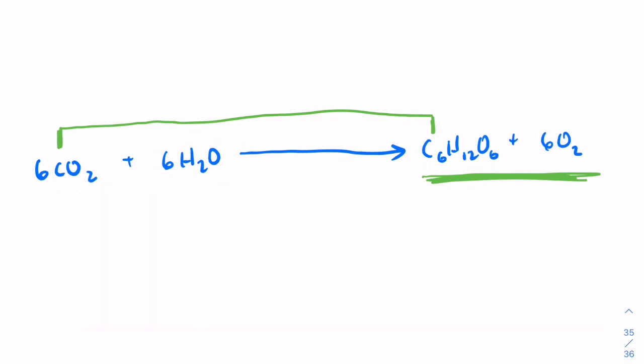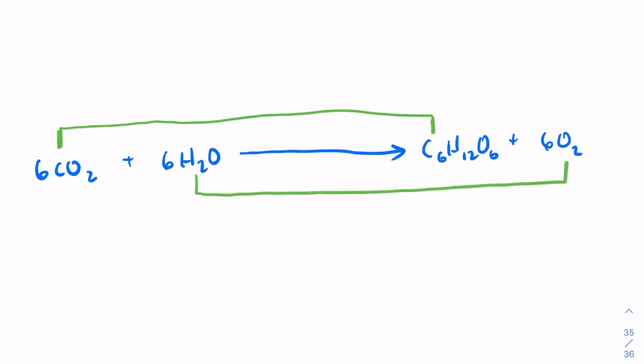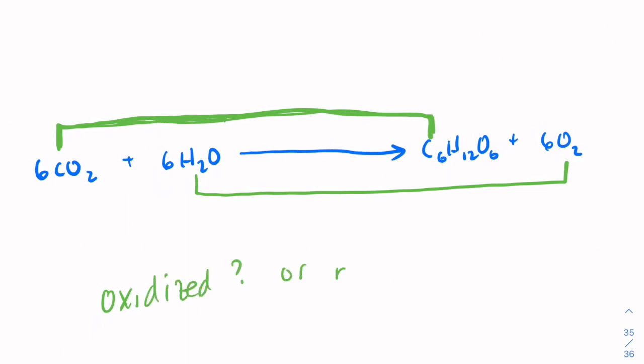Meanwhile, I'm going to connect the two remaining ones like that. All right, now let's look up here. Carbon dioxide getting converted to a sugar molecule. Is this being oxidized or reduced?